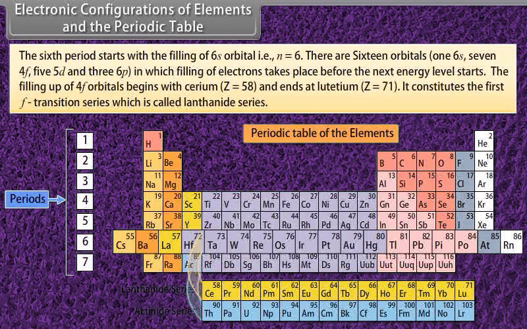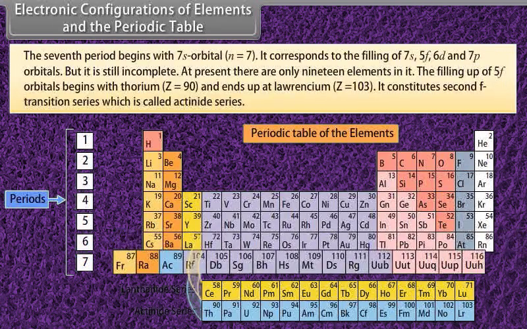The filling up of 4f orbitals begins with cerium, atomic number = 58, and ends at lutetium, atomic number = 71. It constitutes the first f transition series, which is called the lanthanide series. The seventh period begins with 7s orbital, that is, n = 7.